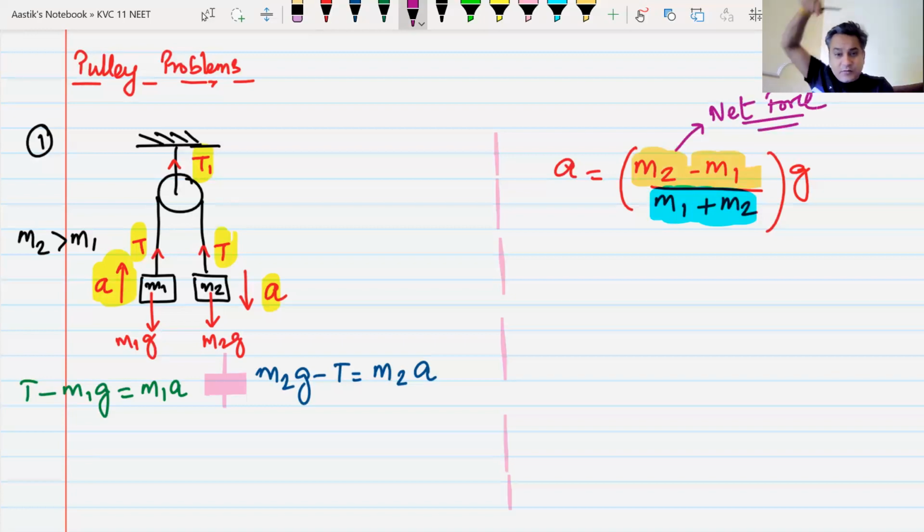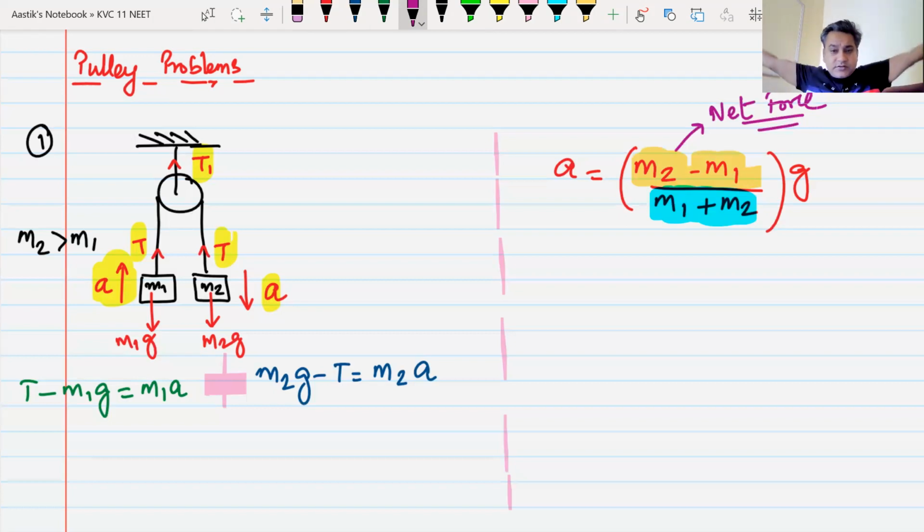As you can see, one force is M2G downwards. The other force is M1G downwards. You will say, sir, the net force is the addition of both. No, it is not. This force M2G is trying to pull block M2 downwards. This force M1G is going to pull the block M1 downwards. Both cannot come down. Only one can come down. That means these two forces are opposing each other.